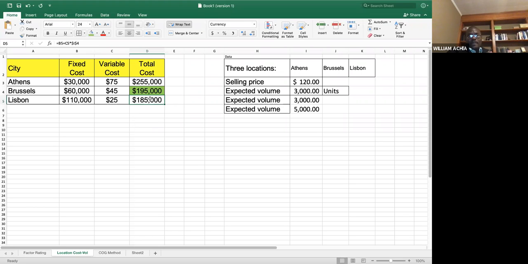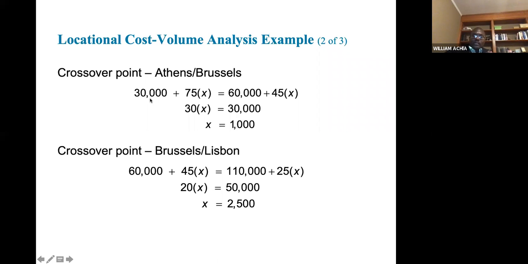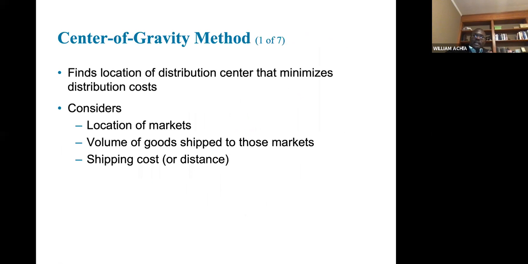Okay, now let's check the last approach, which is the center of gravity approach. It's an interesting approach. I like it. It's very easy to understand, and once you get it, it should be very easy to incorporate even within your organization.